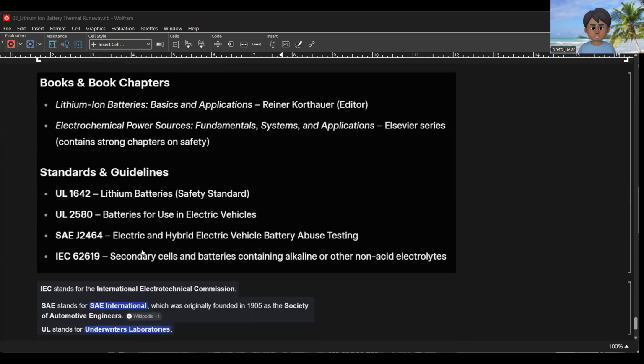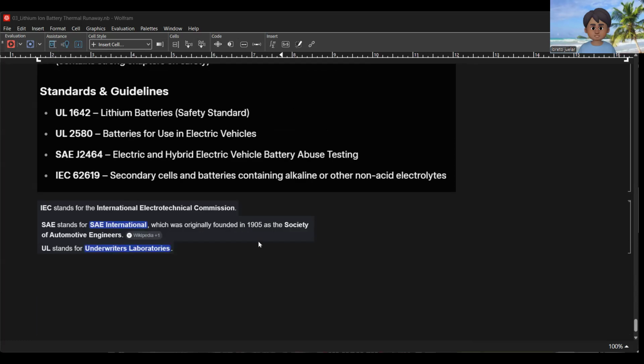We have the standard guidelines here: the UL lithium battery safety standards, UL 2580 Batteries for Use in Electric Vehicles, SAE J2464 Electric and Hybrid Electric Vehicle Battery Abuse Testing, and IEC 62619 Secondary cells and batteries containing alkaline or other non-acid electrolytes.